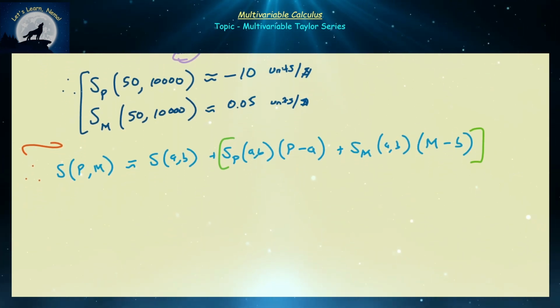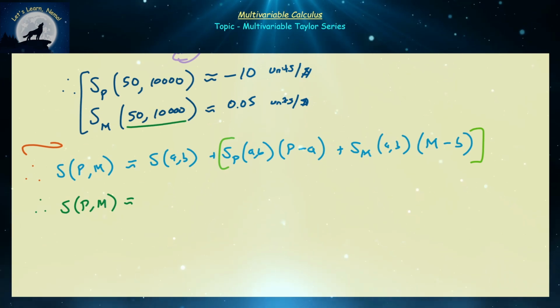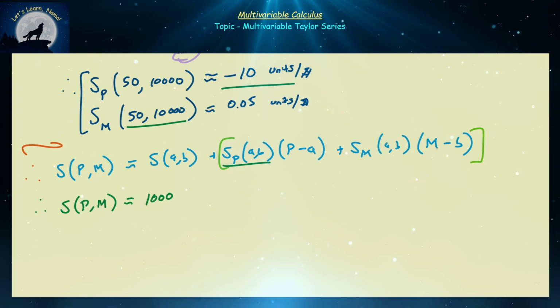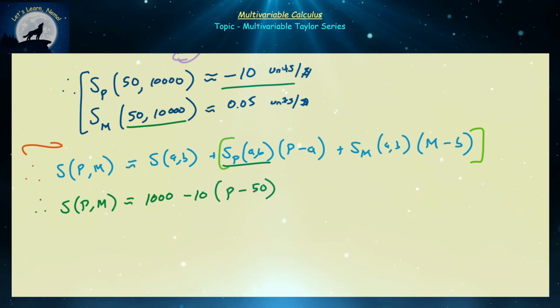So using this particular structure, we have that S of P, M will be approximately equal to, at AB, which is 50, 10,000, so that's going to be approximately equal to 1,000. And then we have our derivative term for P at our reference point, so that's going to be equal to minus 10, and then we're going to have P minus 50.